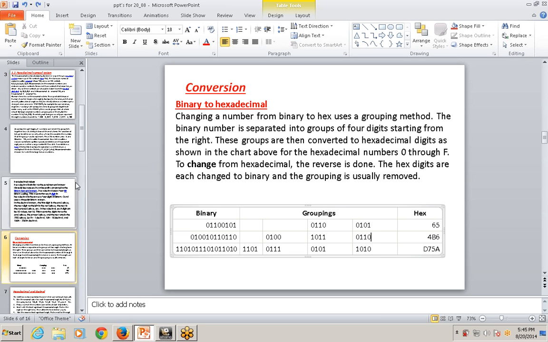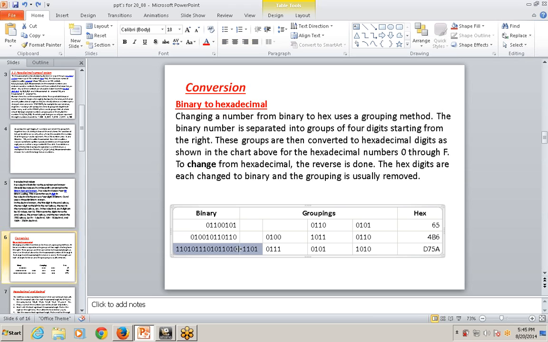Then the next example: I can divide into 4 bits, 1101, 0111, 0101, and 1010.